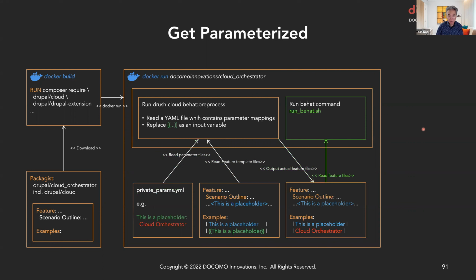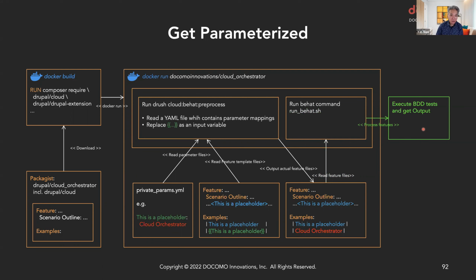Now we can run the Behat command. In our case, we execute the run behat.sh command, which also kicks off a headless Chromium virtual browser. Behat executes the BDD test based on the synthesized feature files, and we can get the output.